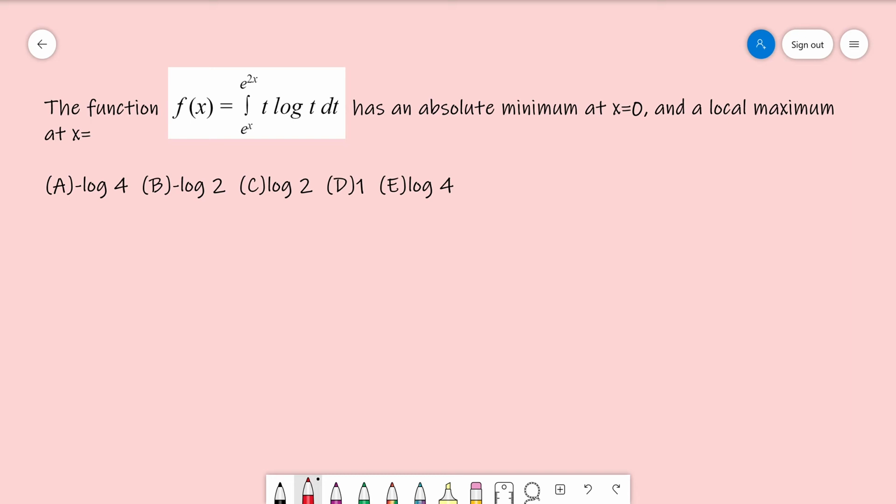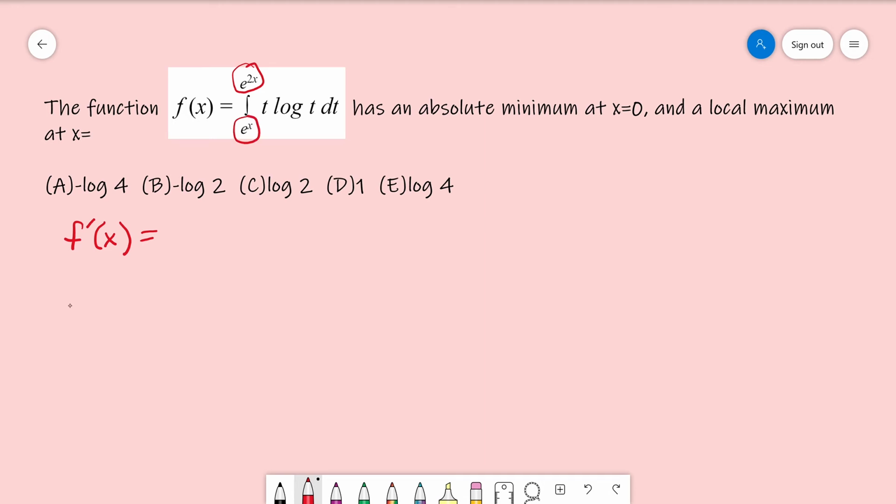So when we hear local maximum, we know we're going to need to take the derivative, set it equal to 0, solve for x. So what's the derivative of f of x? Well, f prime of x, according to the fundamental theorem of calculus, since this is the derivative of an integral, is just going to be the integrand evaluated at the top limit of integration minus that function evaluated at the bottom limit of integration.